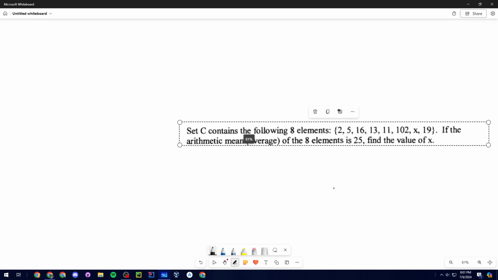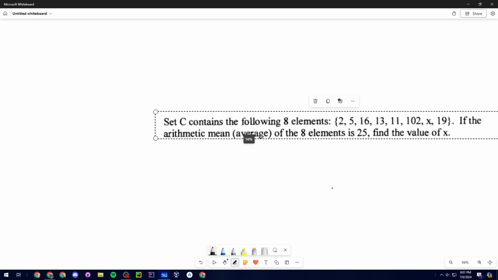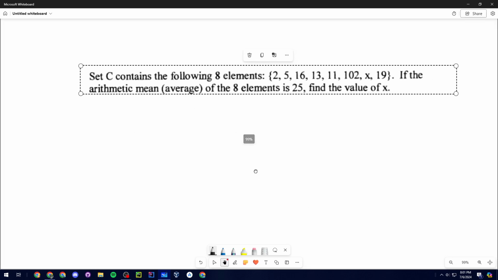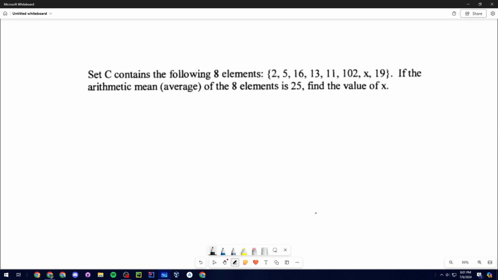this one is the second problem. Okay, so taking the average, if you don't forget, the average is sum over number.